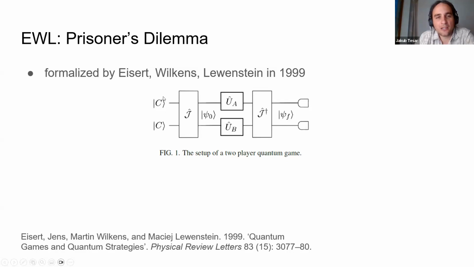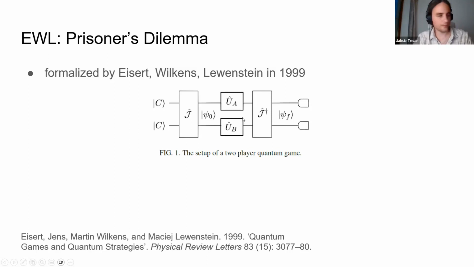You have two initial states, the actors start in cooperation, but then you have some entangling device which entangles those two, and you enter the game with this psi 0, which is those C's after this entanglement, and then you apply unitary matrices. Each player applies a unitary matrix on this general state, and then you have the inverse and adjoint.